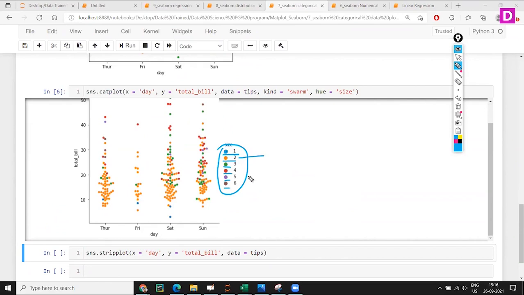So maybe they are friends or couples, newly married, or maybe lovebirds, or whoever it is, right? So we see a lot of that data over here. It is giving me an idea as an owner that in my restaurant, most of the time only a group of 2 people is coming.